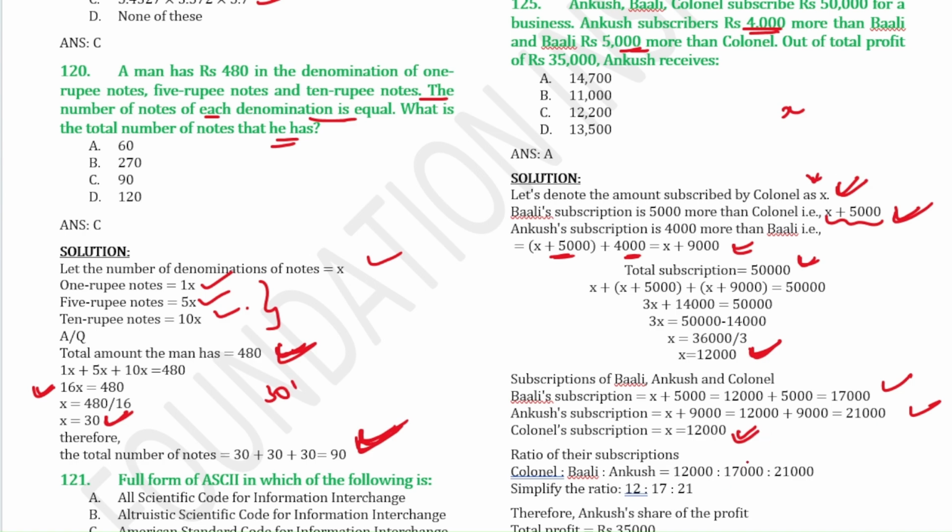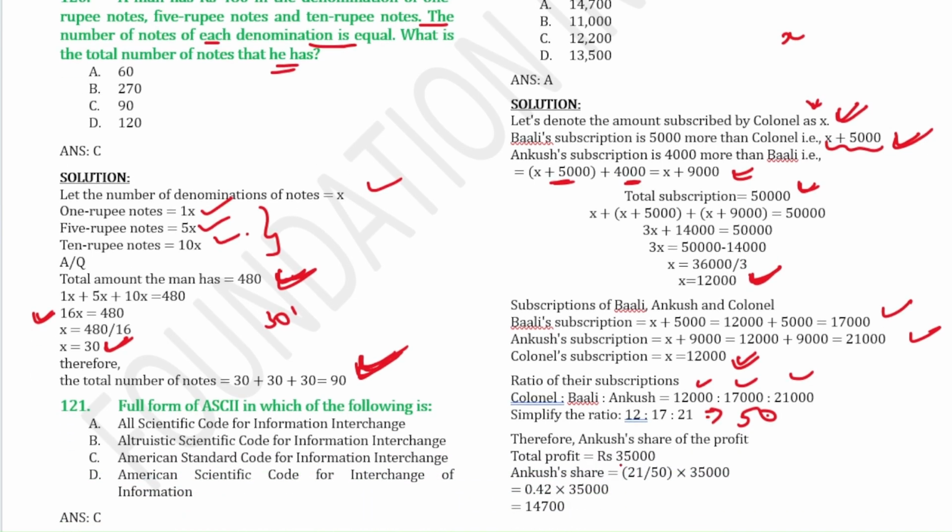Now we have to find the ratio of the subscriptions. Simplify the ratio, and it will be 12, 17, and 21. If we add all these numbers, you will get 50, right? The question is specifically asking for Ankush's profit, out of 35,000.